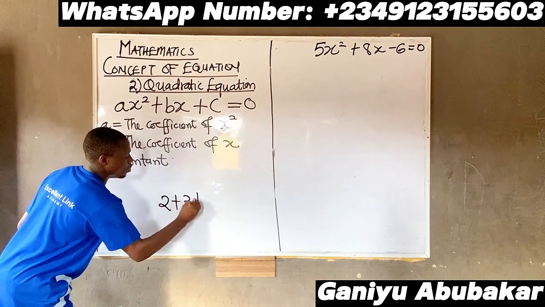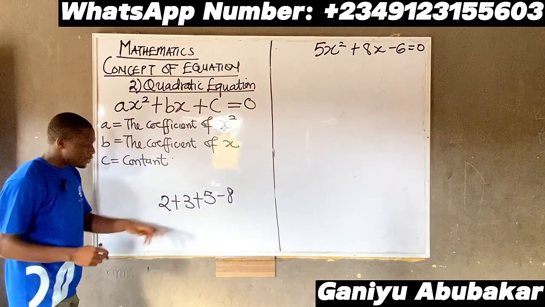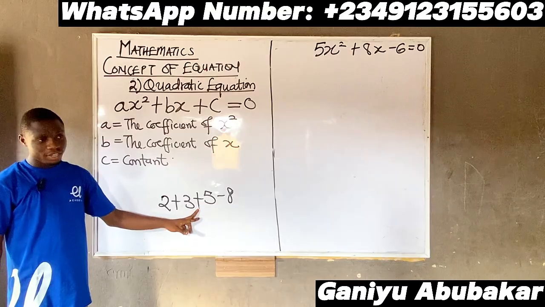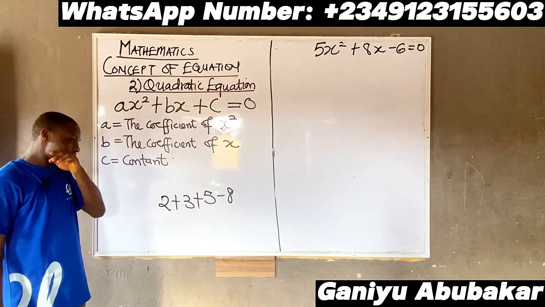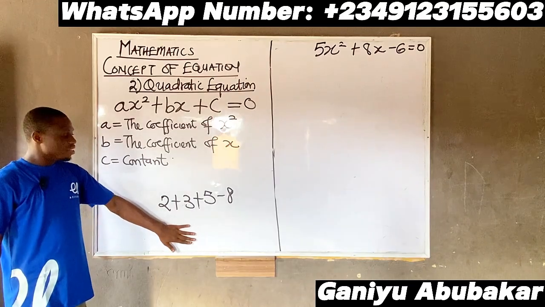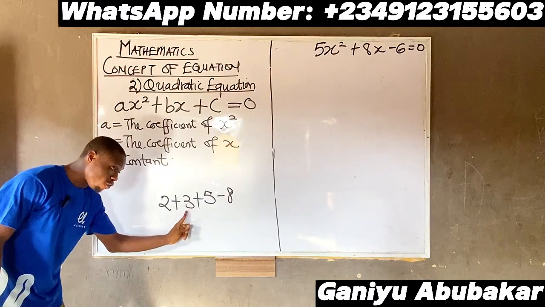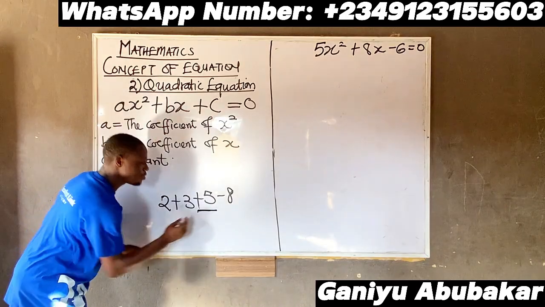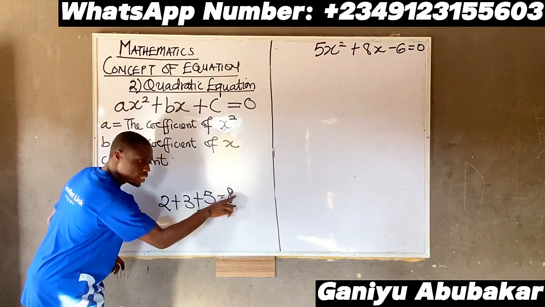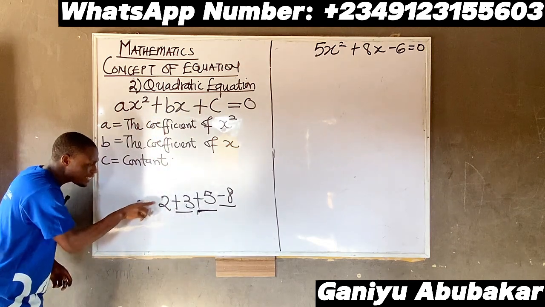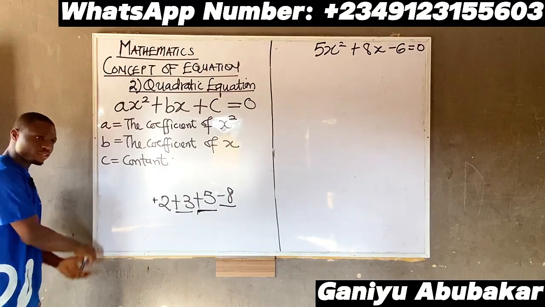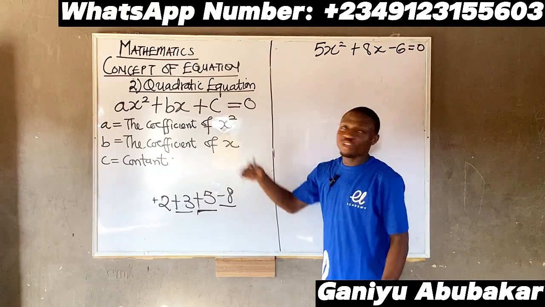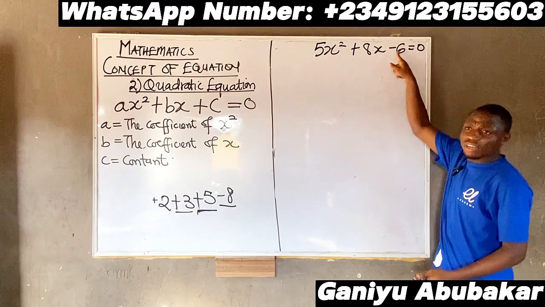In 5x squared plus 8x minus 6, this plus is for 8x. The 6 has a minus in front of it, so minus 6 is for the constant, not just 6, because this minus is for the 6.